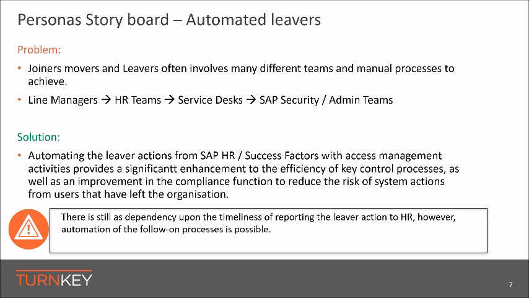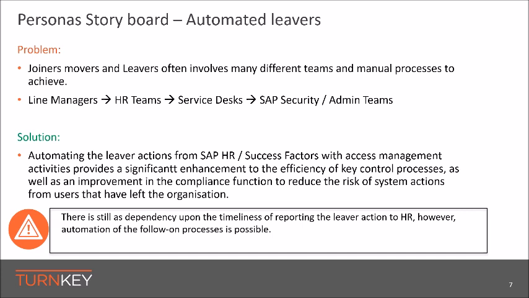So if we could automate a lot of those activities and keep those in line from an access management point of view, then that allows us to have greater levels of automation and greater levels of efficiency in those key control processes. So it allows greater flexibility to be able to be dependent only on the HR function.